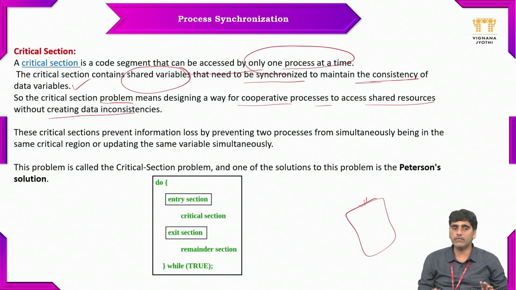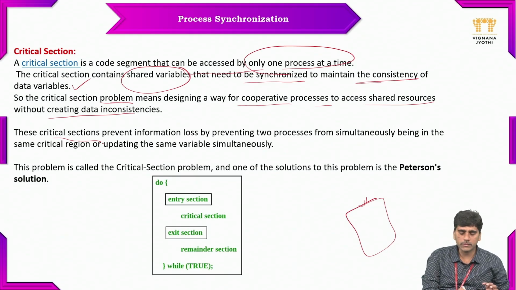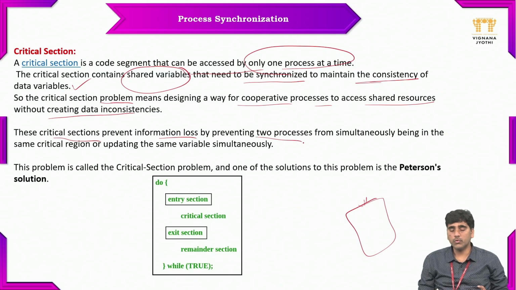The solution should not cause data inconsistency problems. These critical sections prevent information loss by preventing two processes from being in the same critical region or updating the same variable simultaneously. So we always have to update the shared variable.